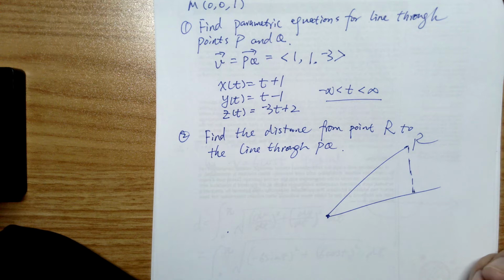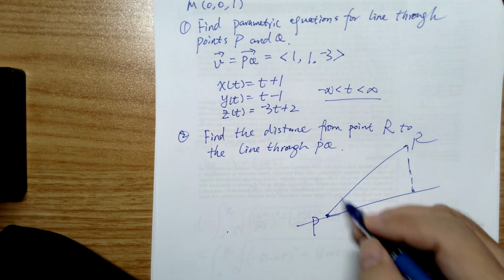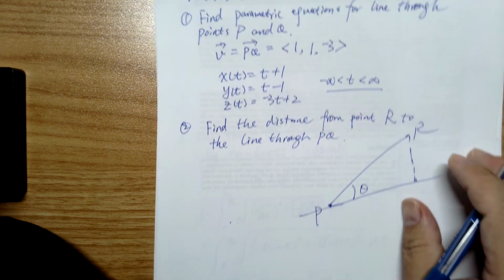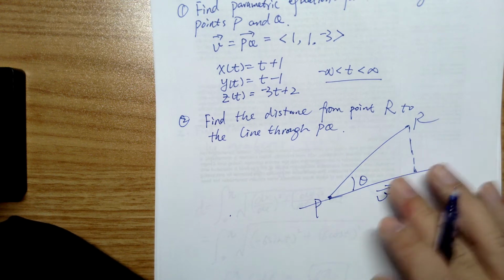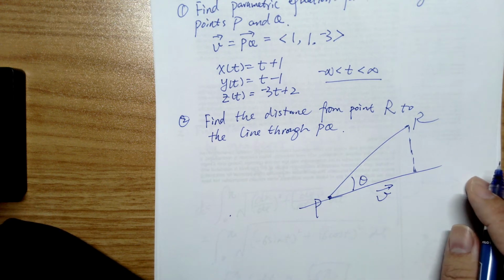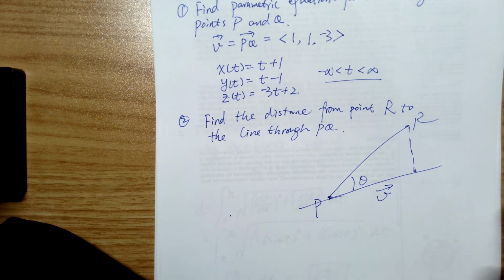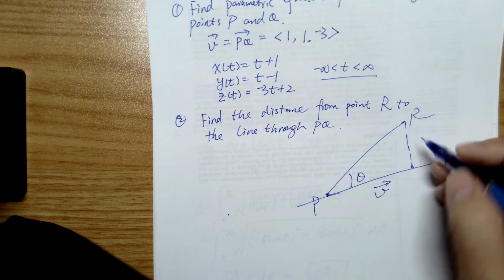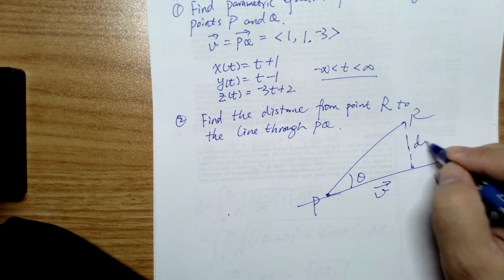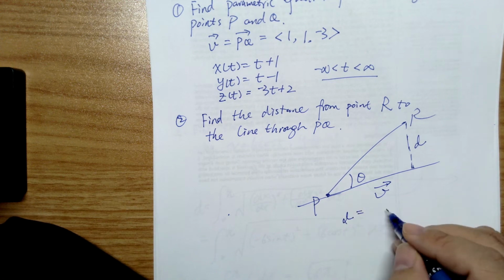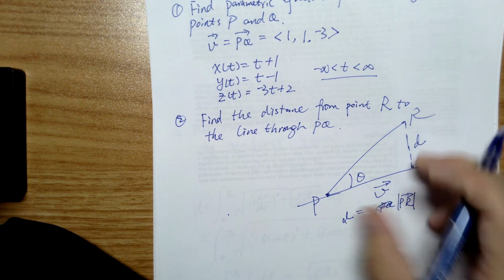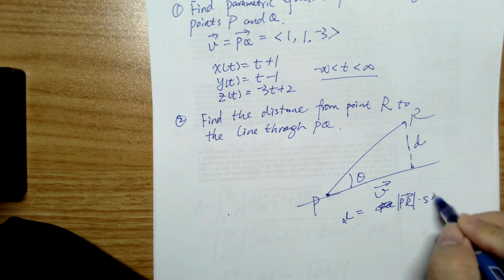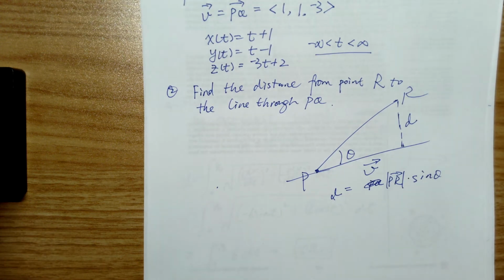Well, the idea is if we put this as a point P here, and I also put this as the angle. So notice that this is the vector parallel to this line here. And okay, so the thing is, what we really want is, as you can see, if we claim this distance d is exactly the magnitude of the vector PR times sine of theta.